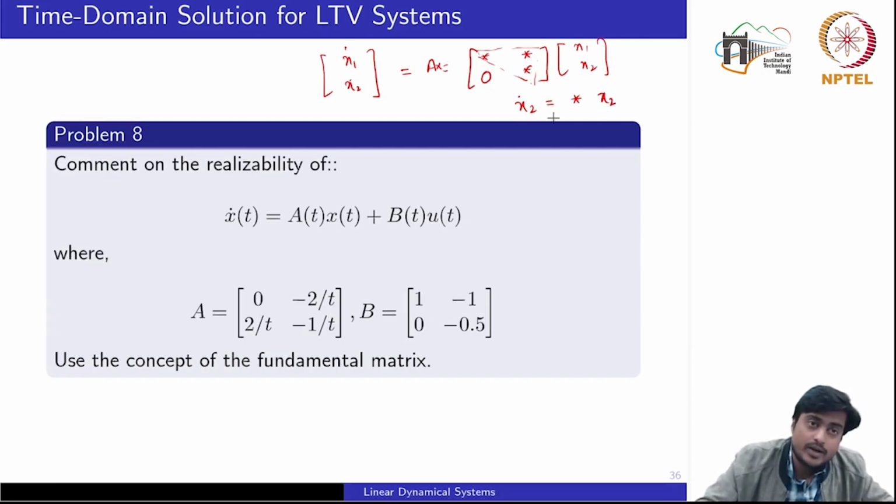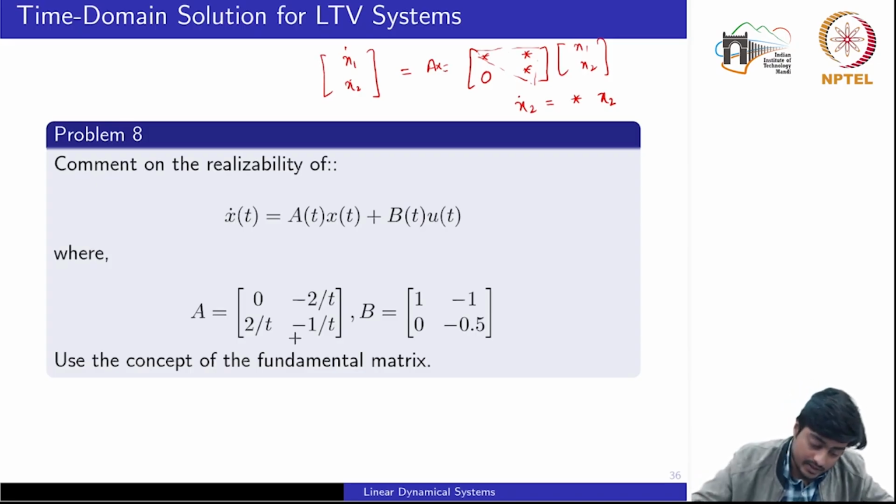So it becomes automatically a decoupled system. At least the second state is decoupled, and we can solve it separately. Once we have the solution for x2, we can put it into the equation of the first, obtain the solution of x1, and then using the concept of the fundamental matrix we can finally compute the state transition matrix.